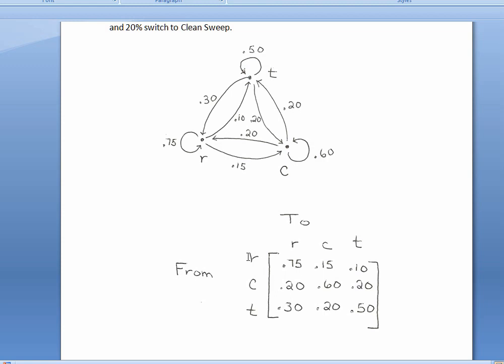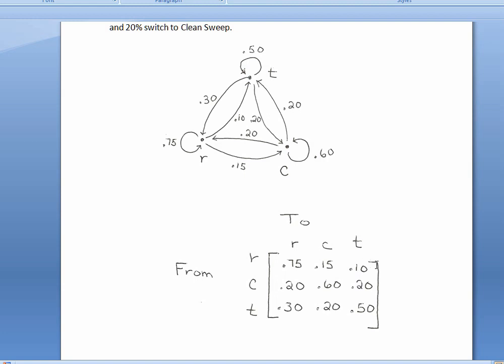So if you look at row R, and you go to the 0.75 right here, that's the element in row R, column R. It tells you 75% of the people that buy rough stuff are going to buy rough stuff again. If you look at row R in column C, right here, that tells you that 15% of the people that buy rough stuff are going to buy clean sweep next week.